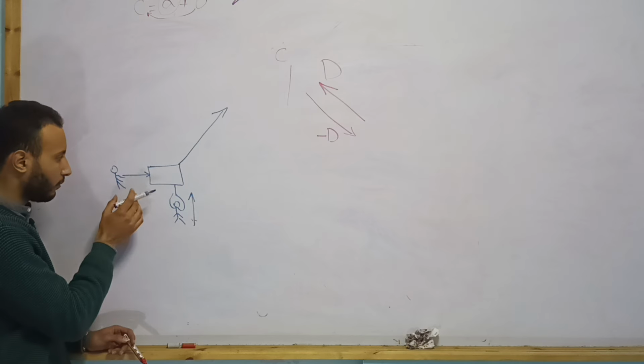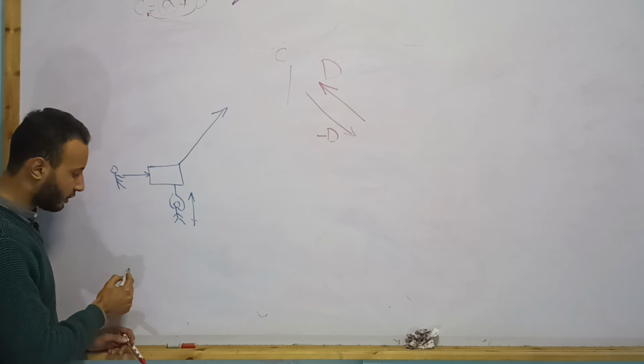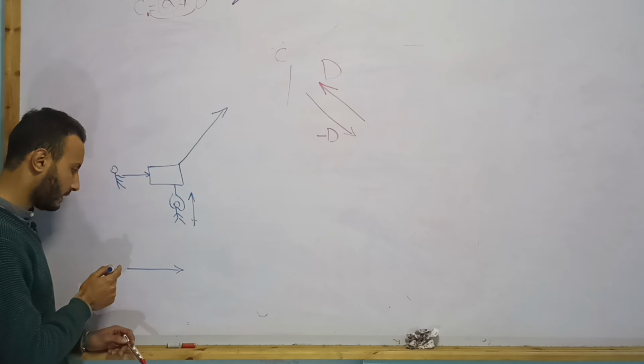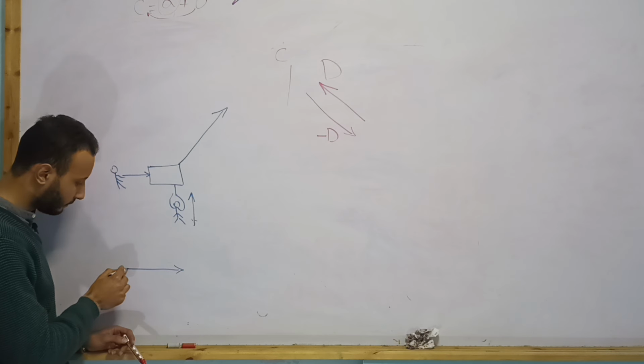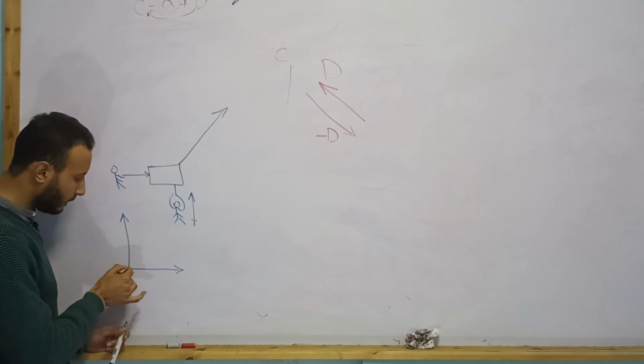Because if you make it as a problem, the first vector is just like this, the second vector just like this, so the resultant will be in between.